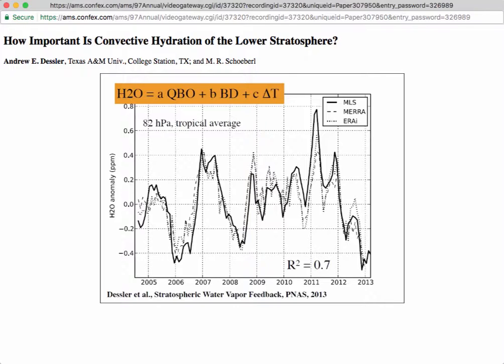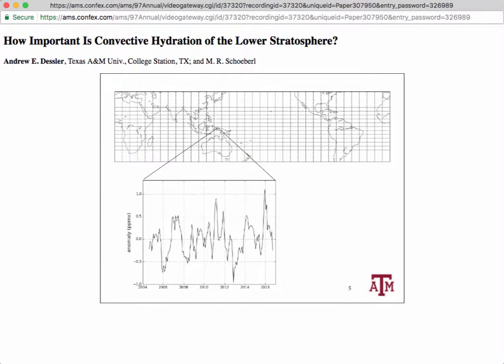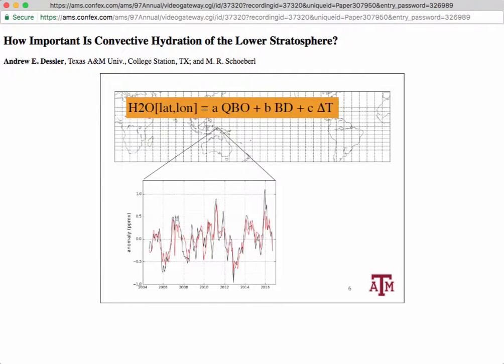And so what Hao thought is, well, let's look at the spatial distribution of this. This is all tropical average, is what we've done. So what we're going to do is take the tropics and break it up into a bunch of boxes. And in each box, we have a time series of MLS water vapor. And then we're going to do the same regression on the time series in each box.